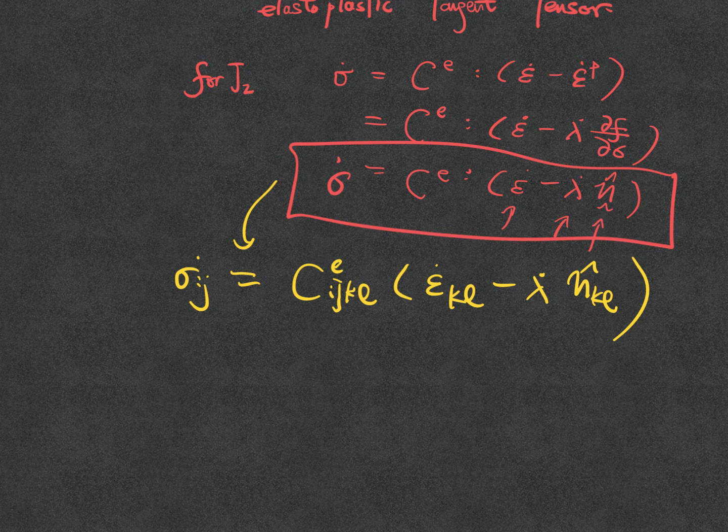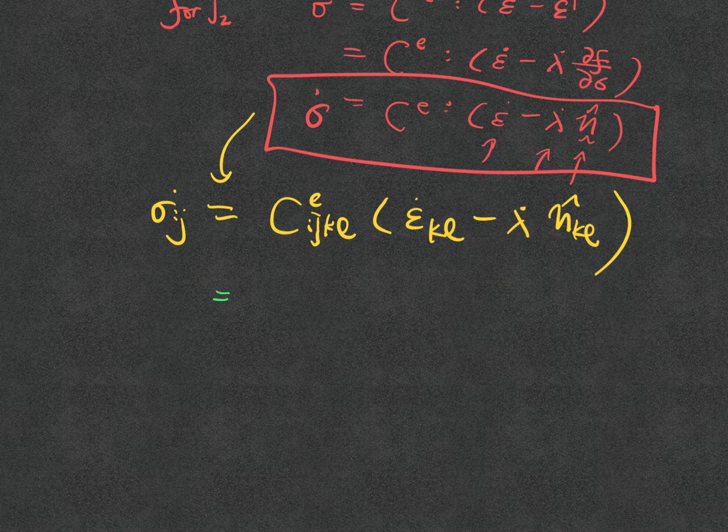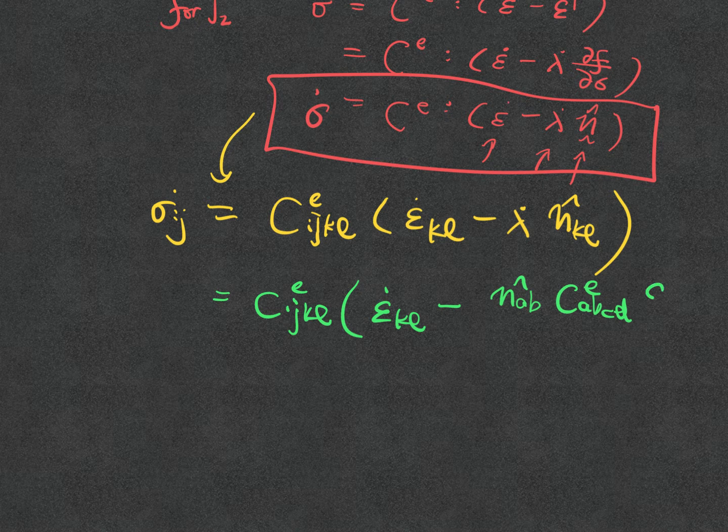Now I'm going to use the result that I used earlier on the writing, and I substitute the result here. What I will get is that this is equal to C ijkl E times epsilon dot kl minus n AB, C ABCDE, epsilon dot CD divided by the x that we have.